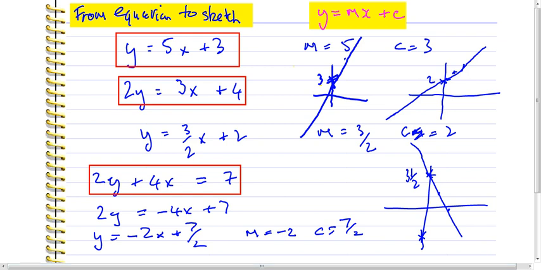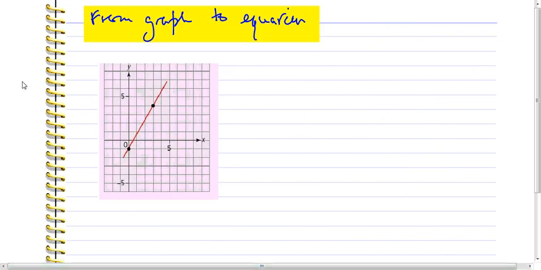Now, we also have to know how to do the opposite, to go from the graph to the equation. So for instance, we've got this graph here, and we have to get the equation. Well, it's the same idea, but we work in reverse. We write down our standard form, y equals mx plus c. So we've got to find m and c. In this one here, c we can just read off. It's minus 1.